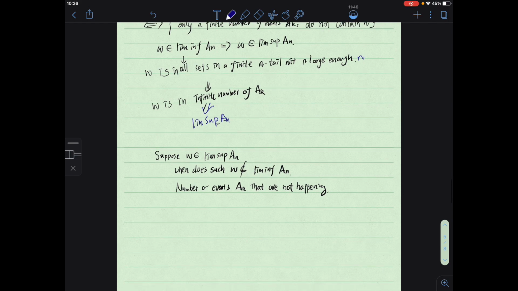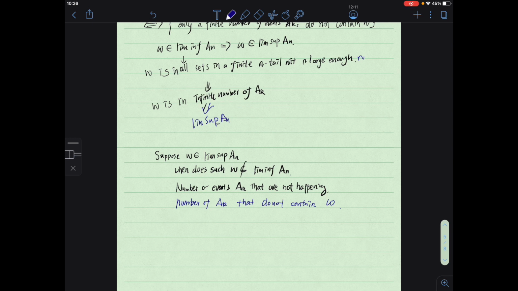When an element belongs to the limit superior of the sets, we look at the number of AK that do not contain omega.